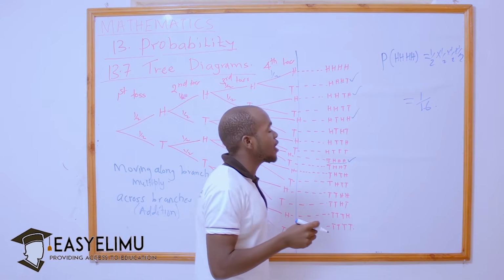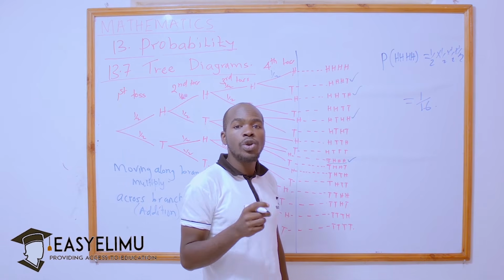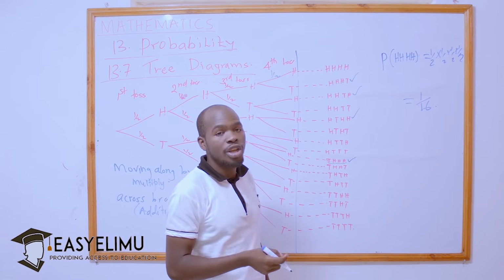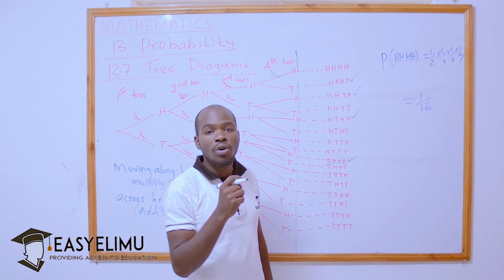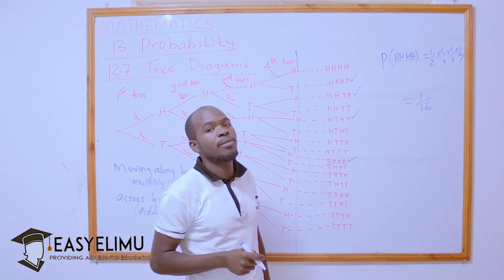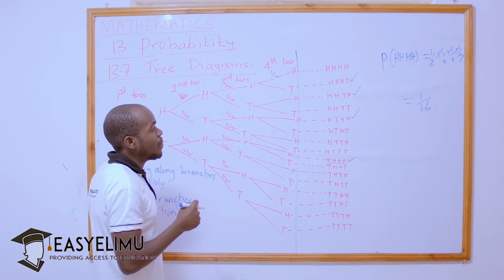They are on different branches. If they are on different branches, remember I told you, we take addition when you move from one branch to another, across the branches. But if it's along the branches, we multiply.